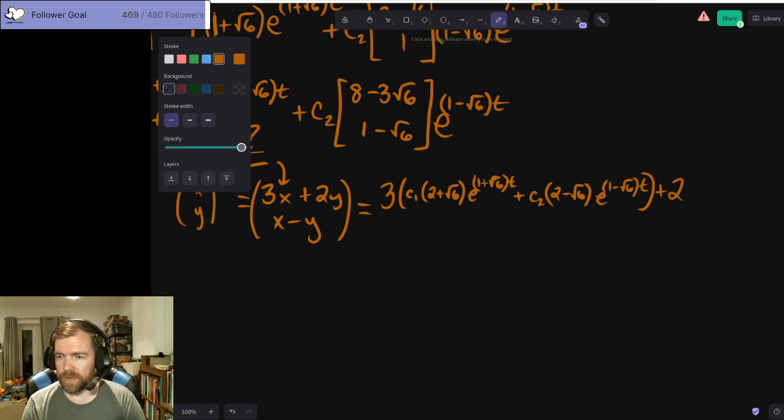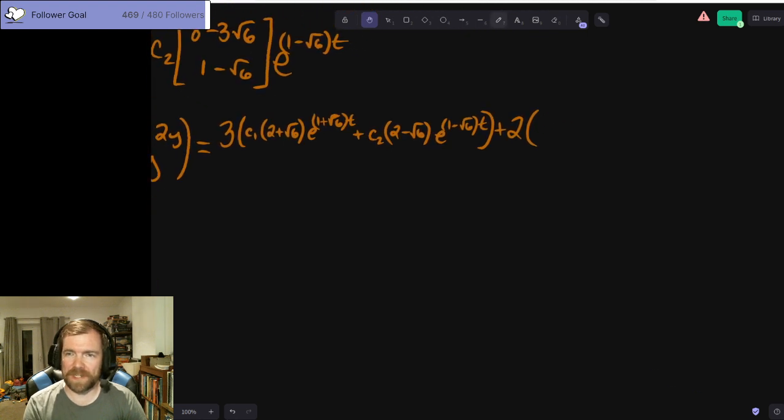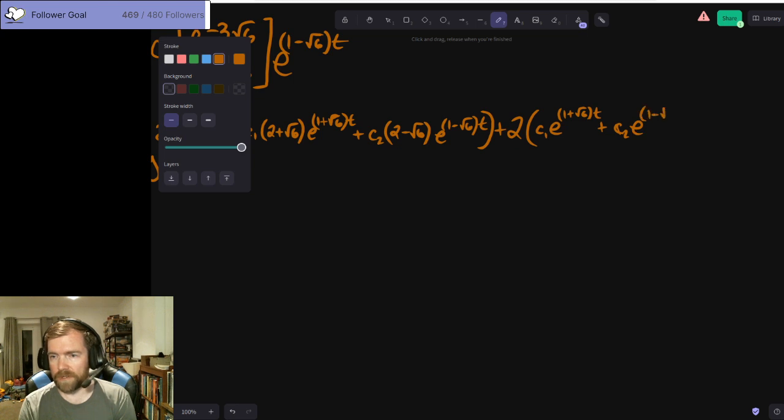Plus 2 times the quantity, alright, sometimes this gets a little tedious. It's okay. y is going to be equal to c1 times 1, e to the (1 plus root 6)t, plus 1 c2 times e to the (1 minus root 6)t.